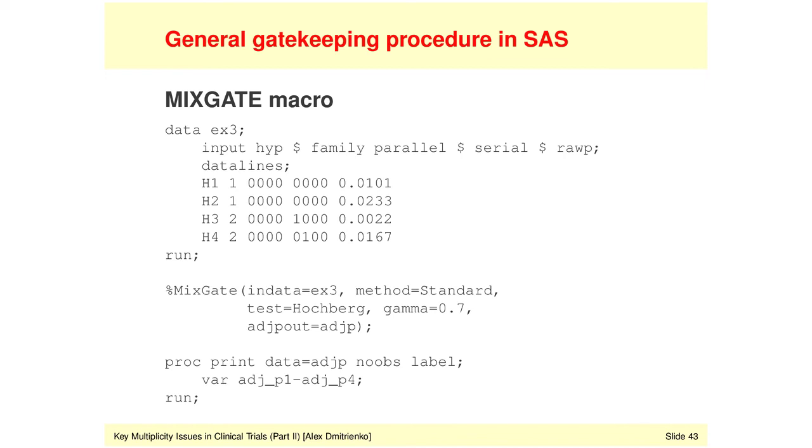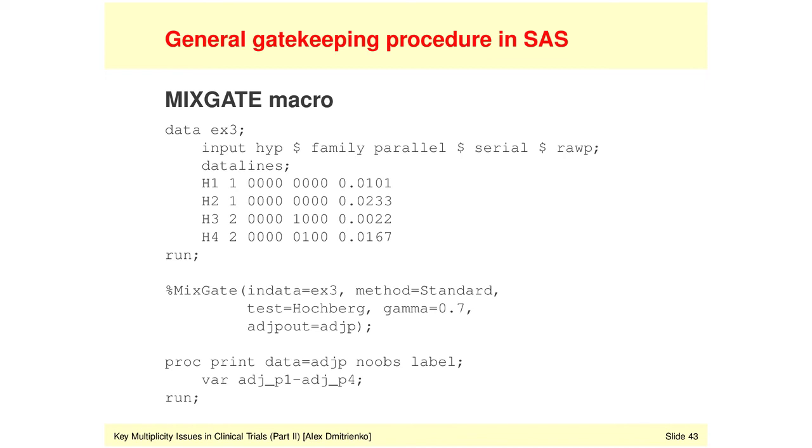The actual location, the actual position here is very important because we see that for the hypothesis H3, the first position, the first digit in the serial variable is set to 1, and the other 3 digits or indicators are set to 0. That means that the hypothesis H3 will not be tested unless the hypothesis which it depends on, which is the first hypothesis, that means hypothesis H1, is rejected.